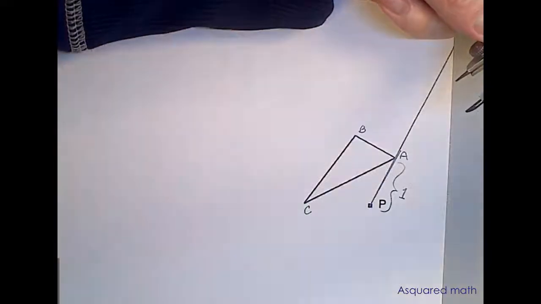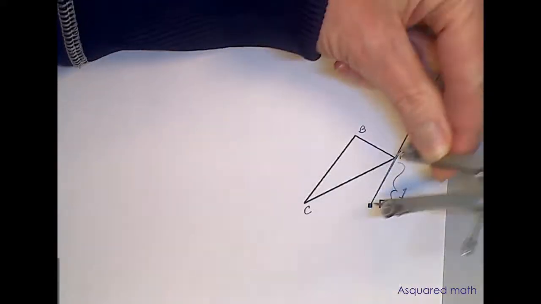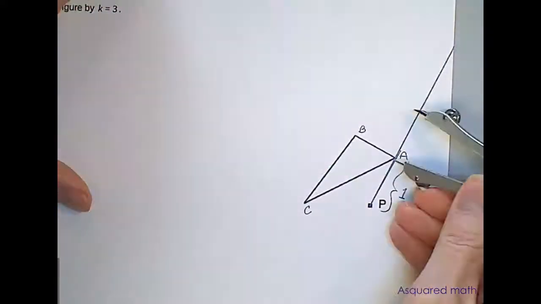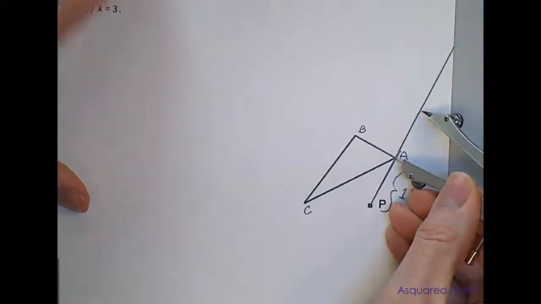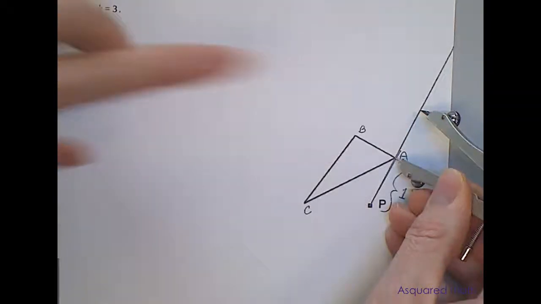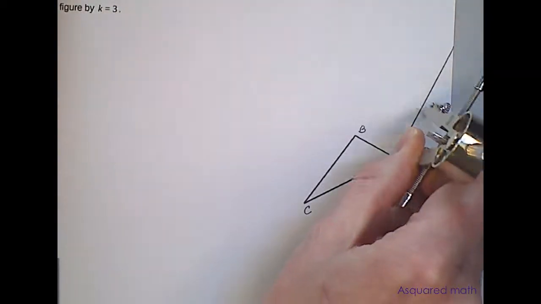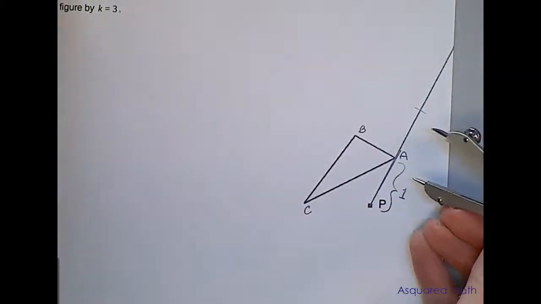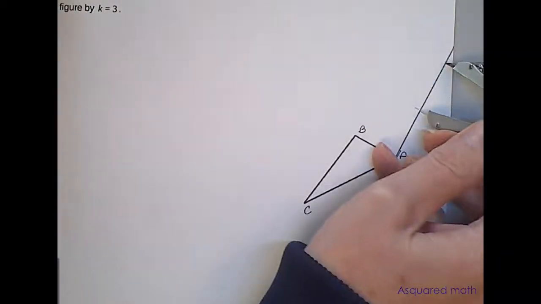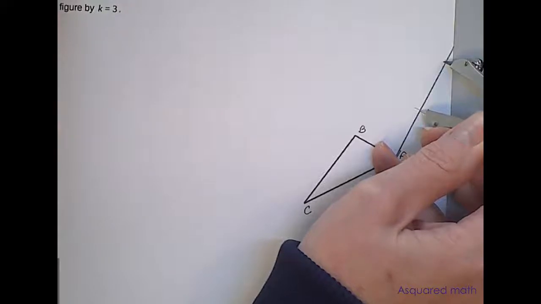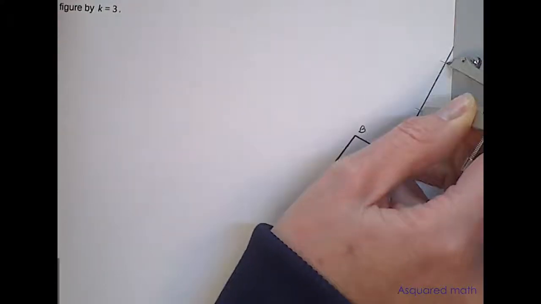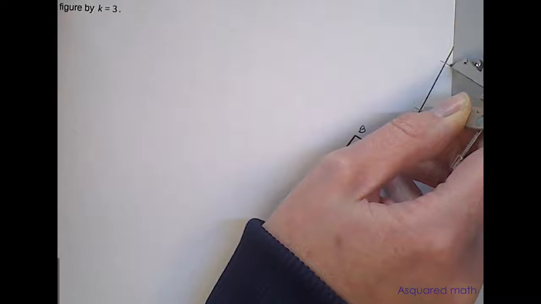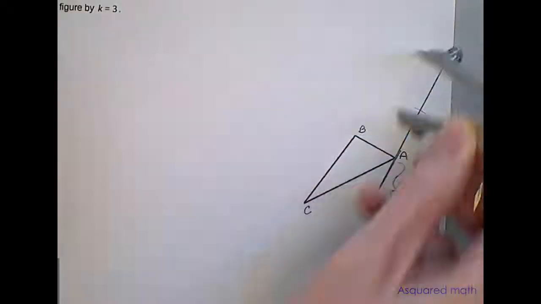We want a scale factor of 3. So what we want to do is move our compass up to point A, and keeping the radius of our compass exactly the same, we want to make a point or an arc on that straight line that we drew connecting A to P. And then I want to do the exact same thing and make another arc or an intersection between that straight line with my compass.